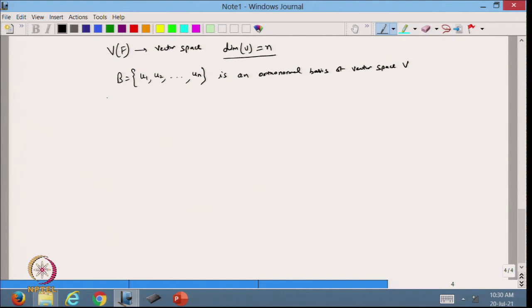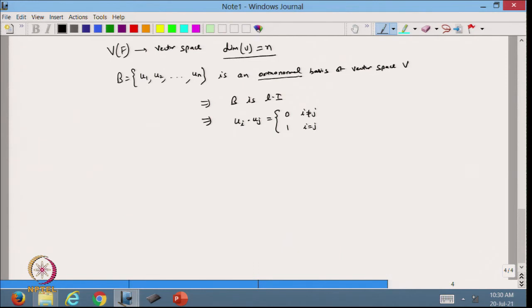Now, from here, which implies that B is linearly independent also, and which also implies that ui dot product uj is equal to 0 when i is not equal to j, and if it is the same element then it will be 1, because it is an orthonormal basis.